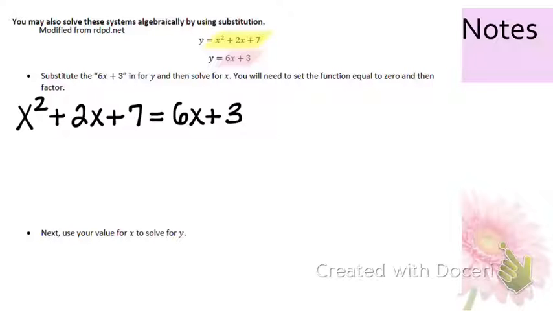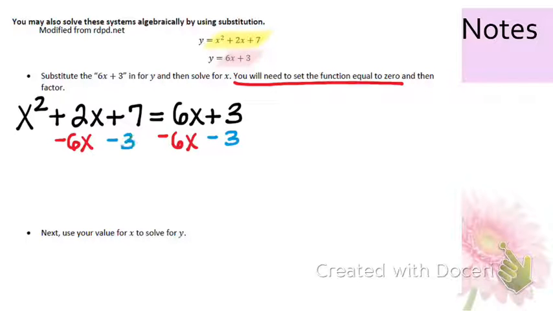And then after you set them equal to each other, you will need to set the function equal to 0. See where it says that? In order to do that, we're going to subtract 6x and subtract 3. So let's go ahead and do that.